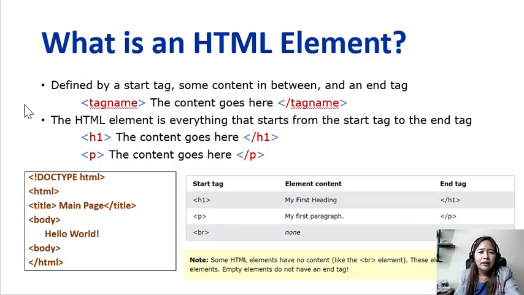So an HTML element is defined by a start tag, some content in between, and an end tag. For instance, you have your opening tag H1, which stands for header 1, the content that goes in between, and then the /H1 tag, and that is what composes your HTML element.